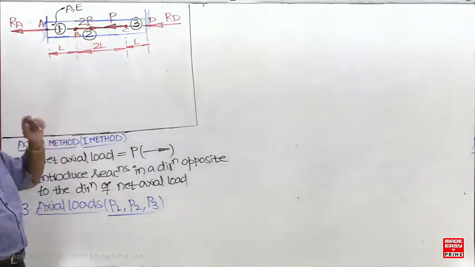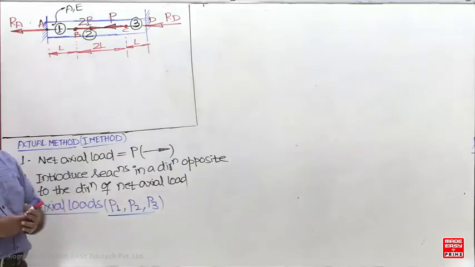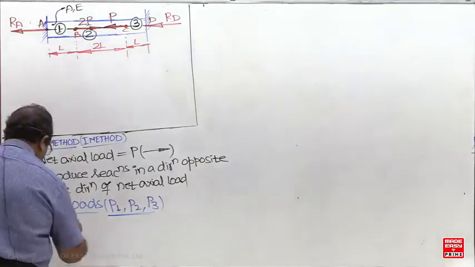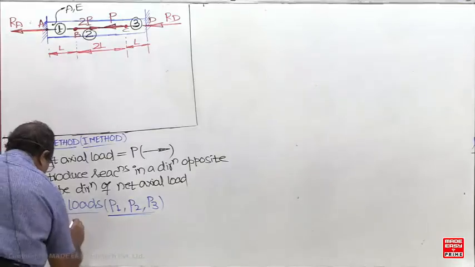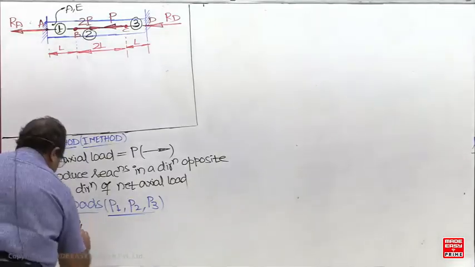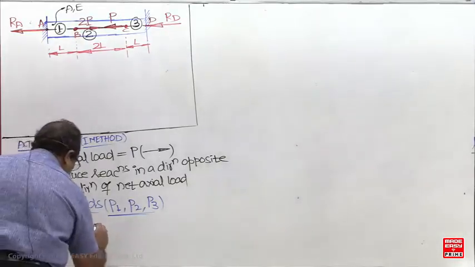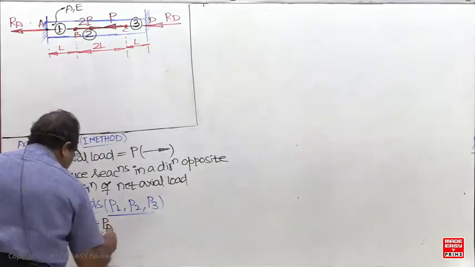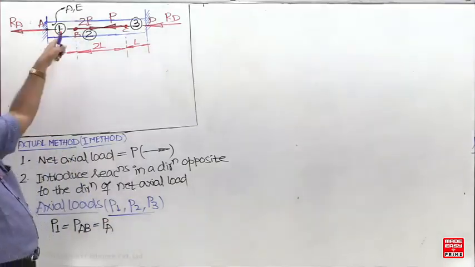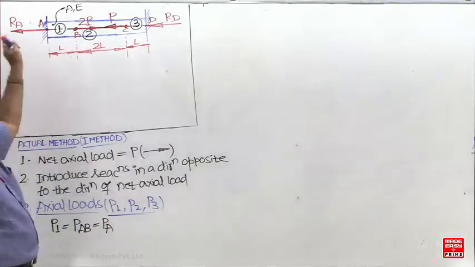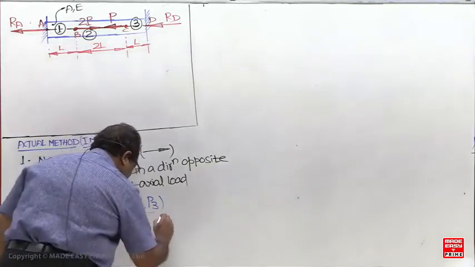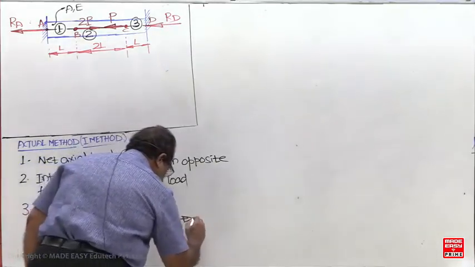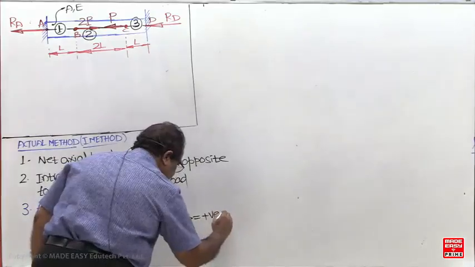Here it is better to determine P1, P2, P3 by the shortcut method. P1, load in AB, equals load at A. What is the load at A? RA. Is RA going away from the cross section or towards? Away, positive. Towards right you have taken positive.